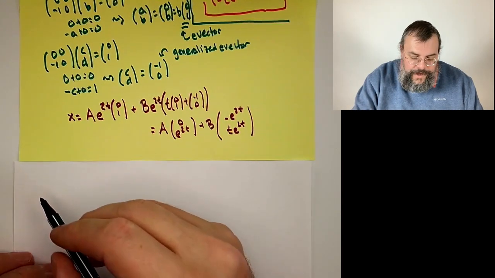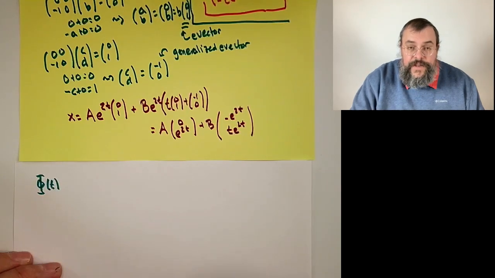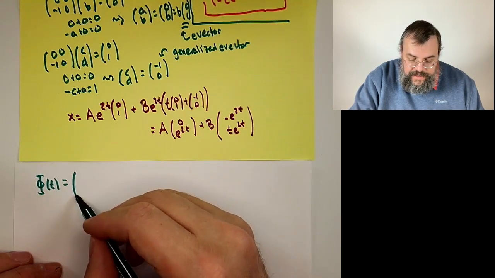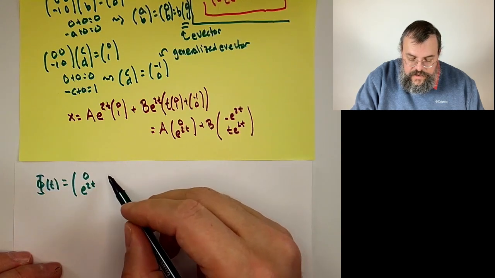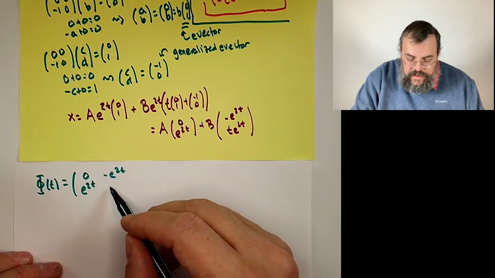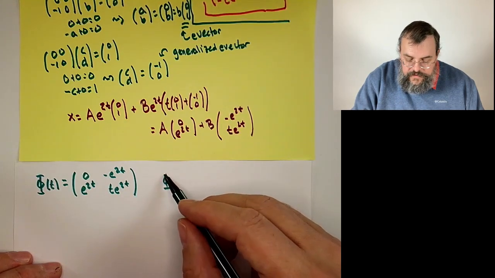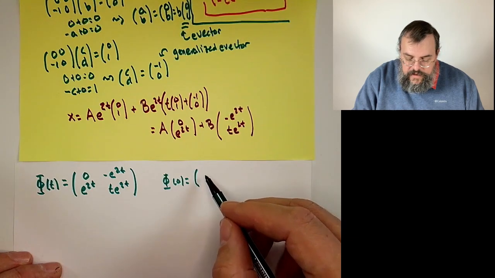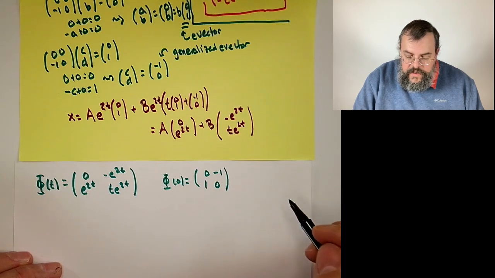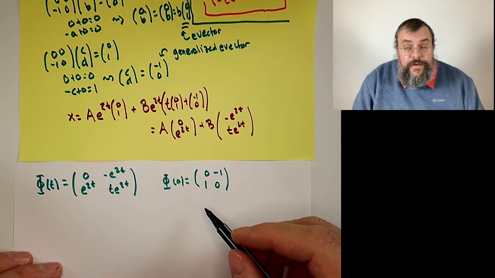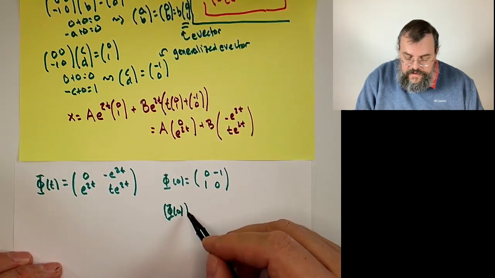All right, so what happens next is we make a matrix phi of t. So we take our two solutions and we pack them in: 0, e to the 2t, minus e to the 2t, and t e to the 2t. And now we find phi of 0. Well, all right, that's 0, minus 1, 1, and 0. And the next thing is we find the inverse. And so what is phi of 0 inverse?